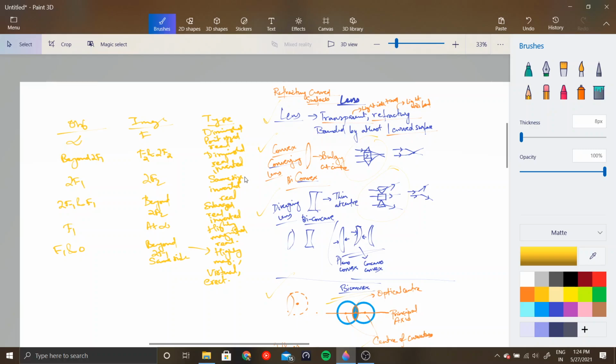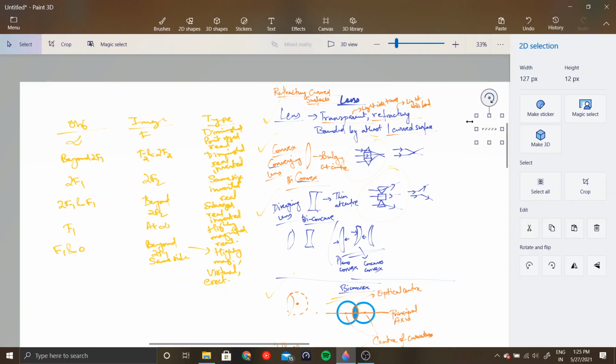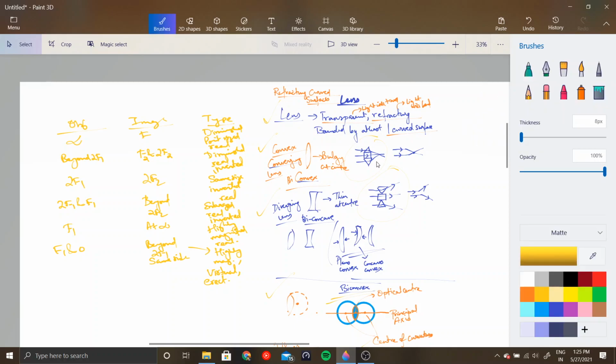So you won't even need a pencil and a scale. You can always use that formula to tell where the image will be formed. So we'll meet in the next class. We'll talk about diverging lenses and the lens maker formula. We'll use that formula to derive some things, and we'll end the chapter after discussing some miscellaneous concepts.